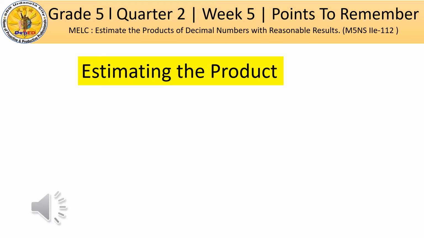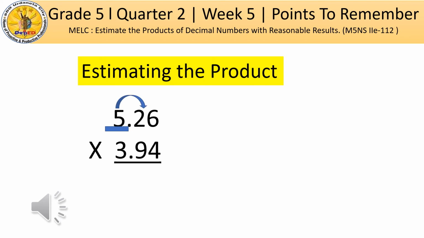Always remember that in estimating the product, find first the greatest place value. Then, take a look at the digit at the right. If it is a lower number, the rounded factor will remain. And if it is a higher number, add 1 to the rounded factor. Same thing to do in the second factor.